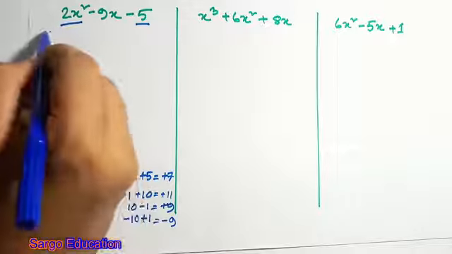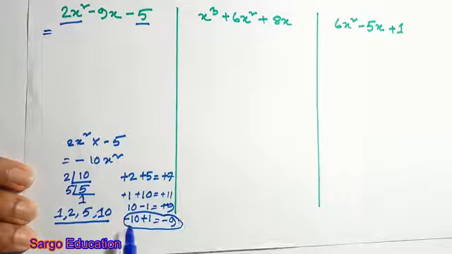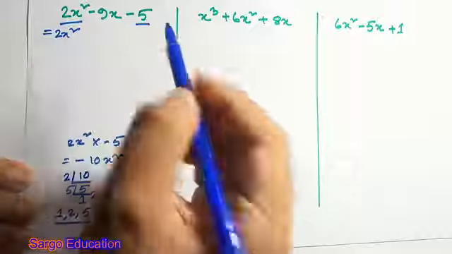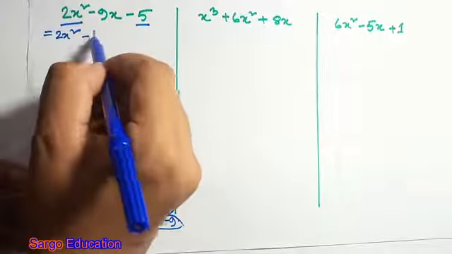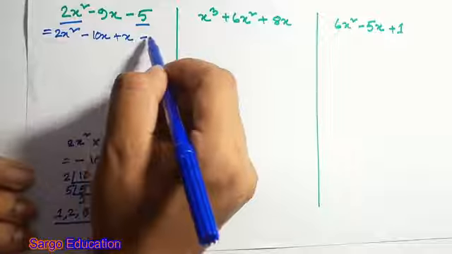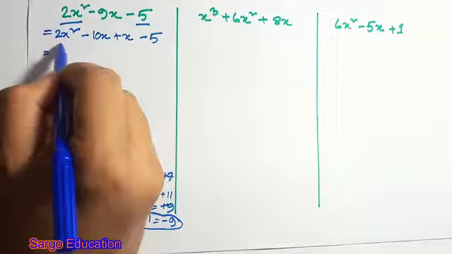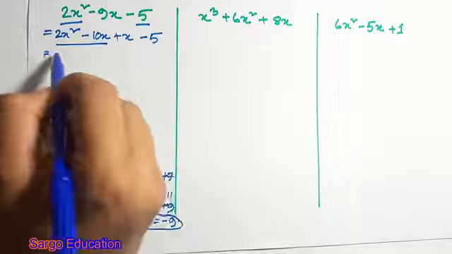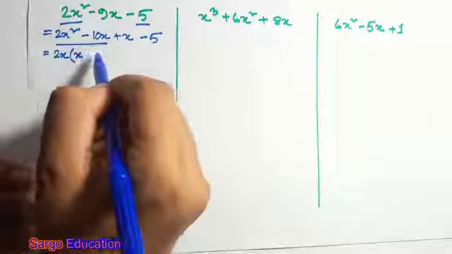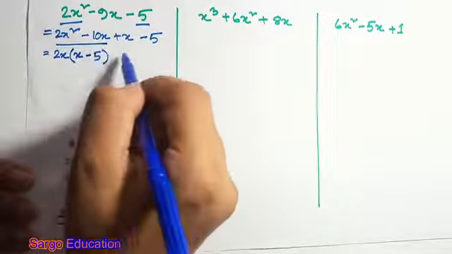Now we rewrite this term like this: 2x square minus 10x plus x and minus 5. Now take common in these two terms, that is 2x, here remains x and here remains minus 5.